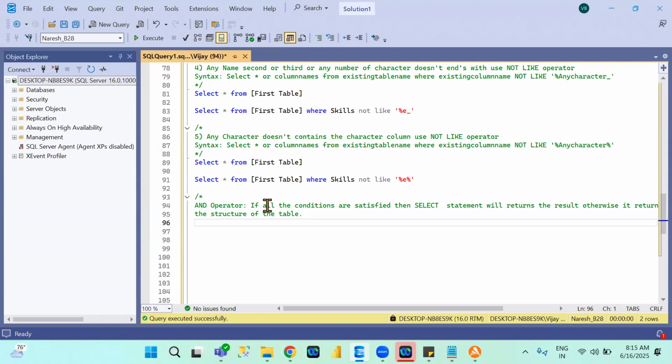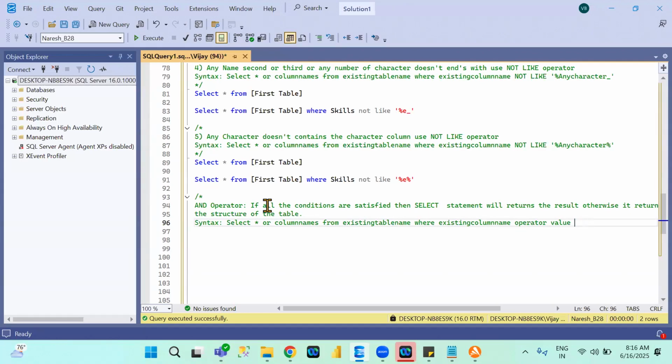On existing column name, operator, value.